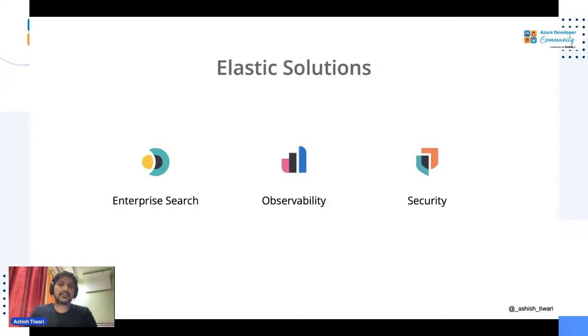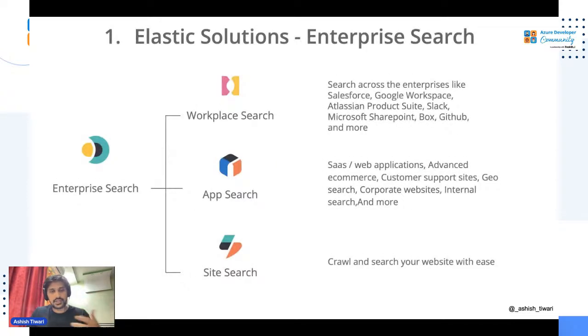Elastic as a company is now giving three major solutions: enterprise search, observability, and security. Enterprise search is more specific to search. Let's say app search, workplace search, site search. When we say workplace search, you have an organization, and you have Google Drive, G Suite Drive, and let's say Confluence, GitHub.